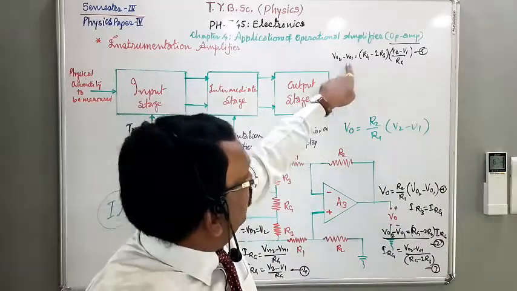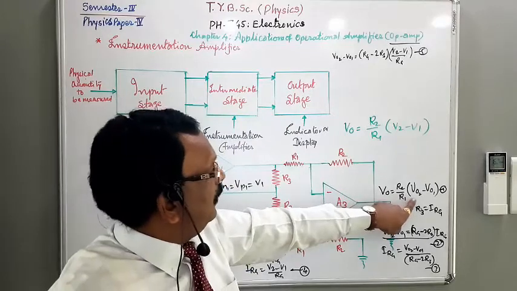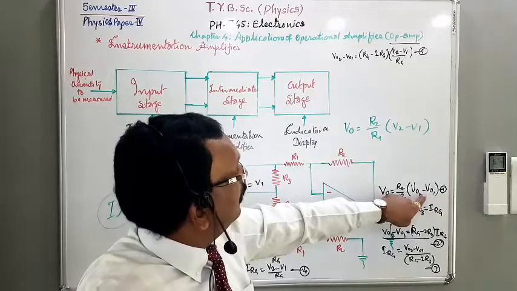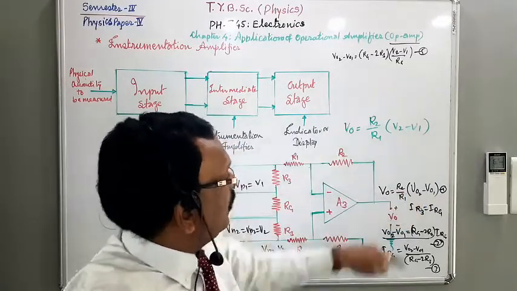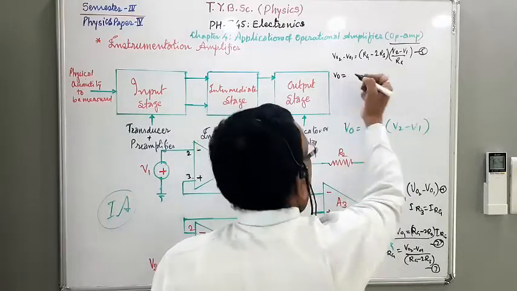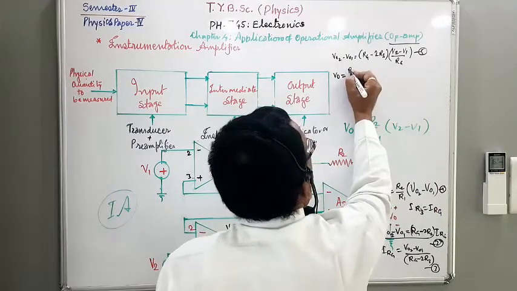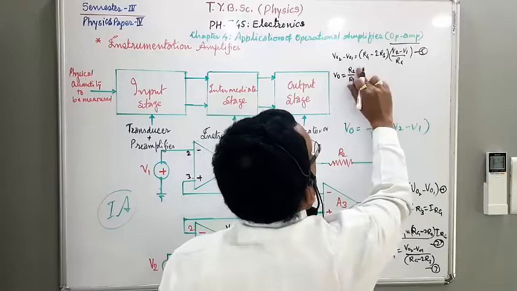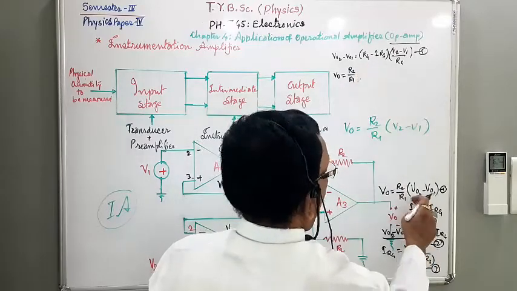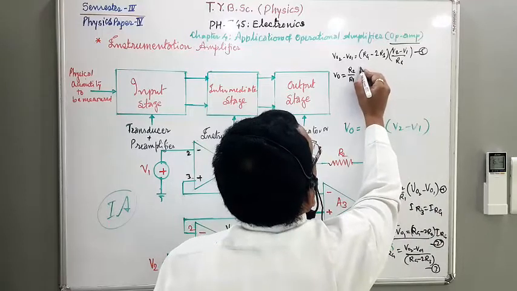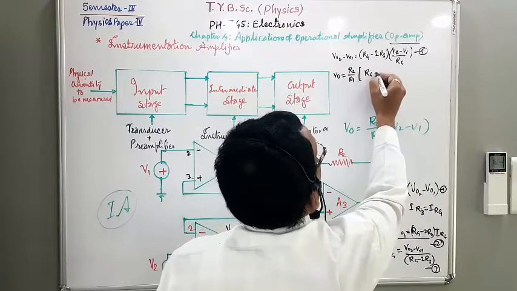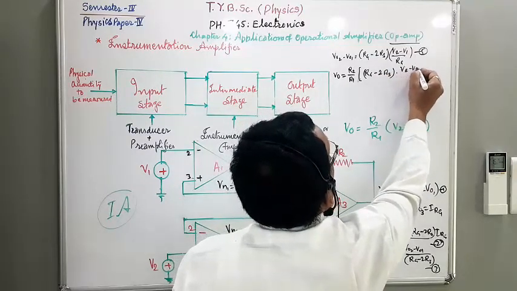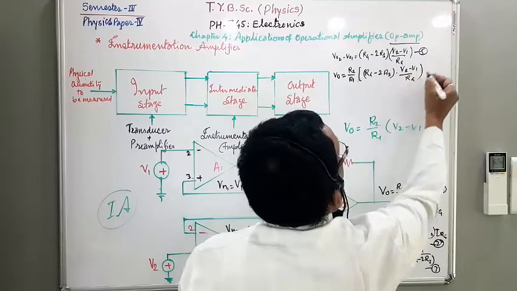Now substituting equation 5 in equation 1. That means we have to substitute the value of VO2 minus VO1 from equation 5 in this equation. So VO is equal to R2 upon R1 in bracket, RG plus 2R3 into V2 minus V1 upon RG.